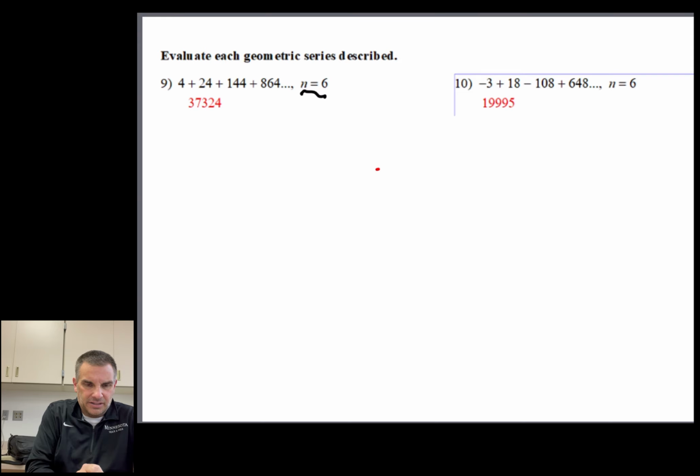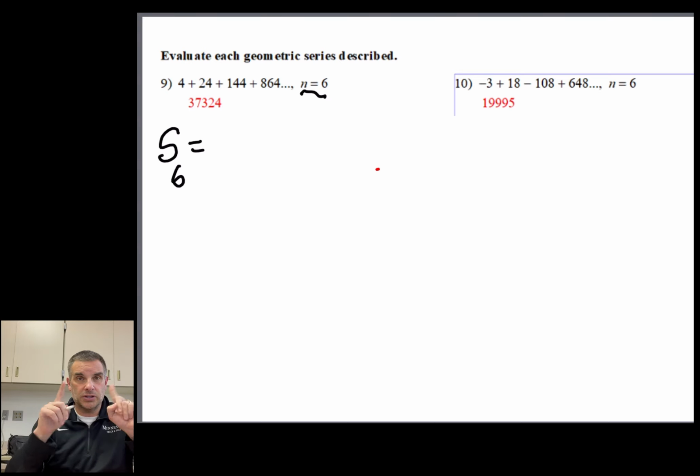We know our n value that we're given is 6, so we're going to find the sum of the first 6 terms. Our formula says the sum of our first 6 terms is going to be our first term, which they gave to us already. As you were writing the formula down, I wrote it over here at the side, because it's not something I remember either.